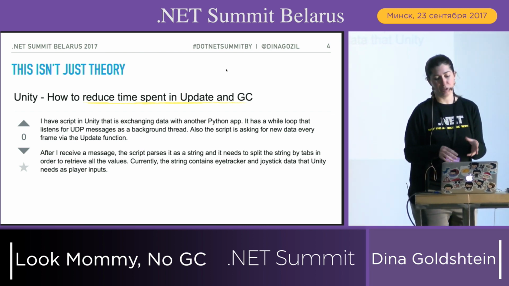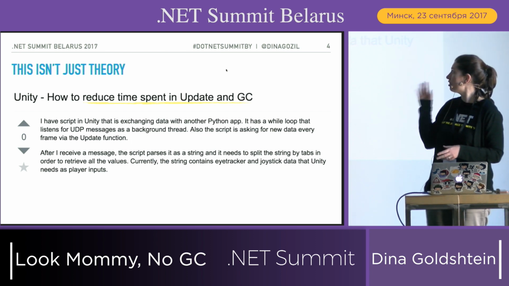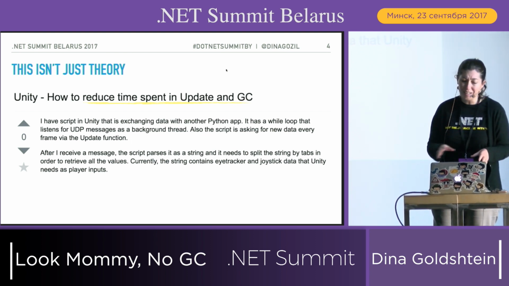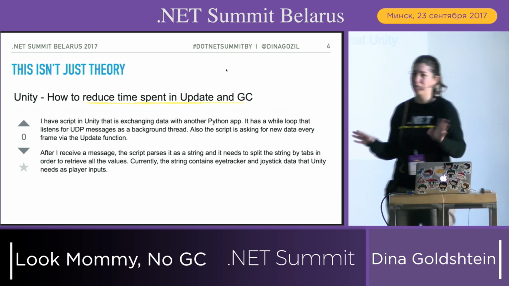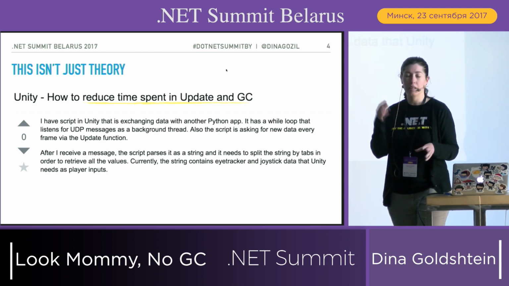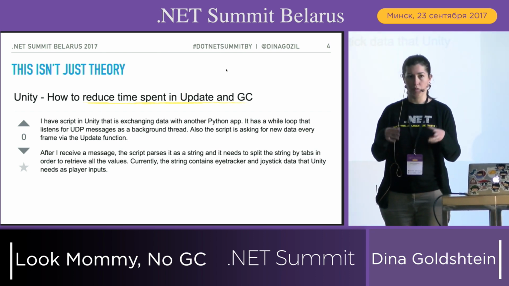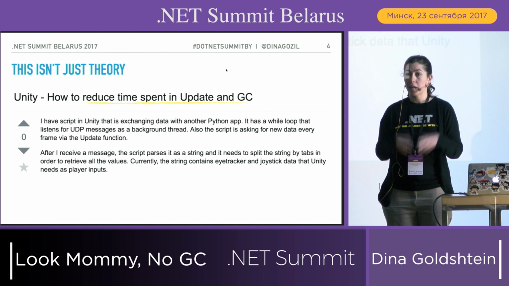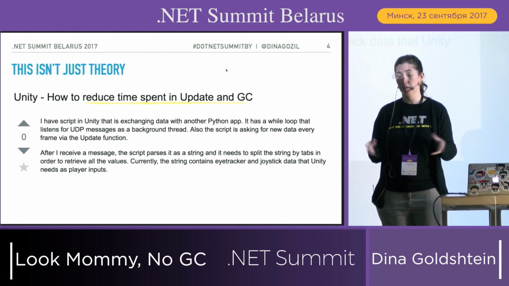So here's a good motivational question. There's a guy here, actually, I think this is a Python app, but that's beside the point. He's writing something with Unity, and he had some performance problems.